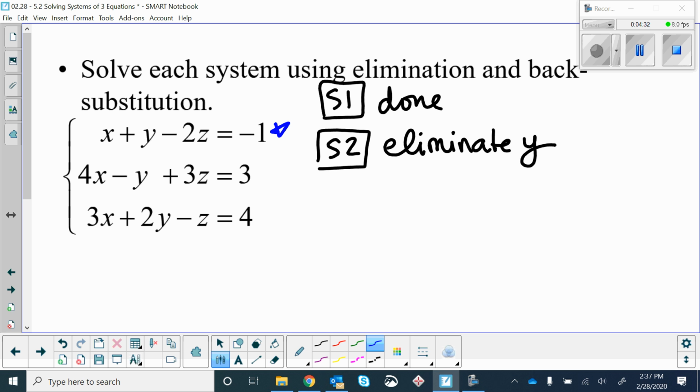So I'm going to choose the first two, and I'm going to put stars by them. And then I'm also going to choose the second two because they have opposite signs already for the y, and I can work with that easily. So I'm going to put hearts by those. That'll be my heart system. And I'm going to use red for the heart because hearts are red. Unless they're in your body and you haven't been cut open and they haven't been hit with oxygen yet. I'm going to talk about that.